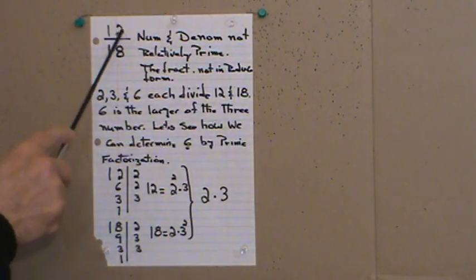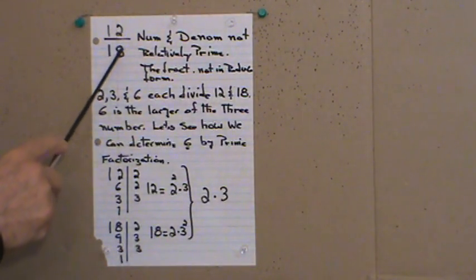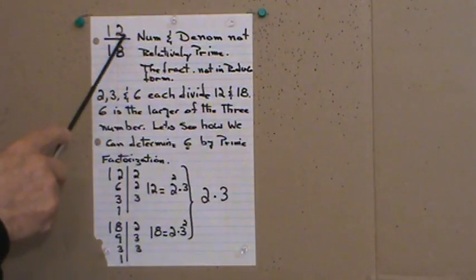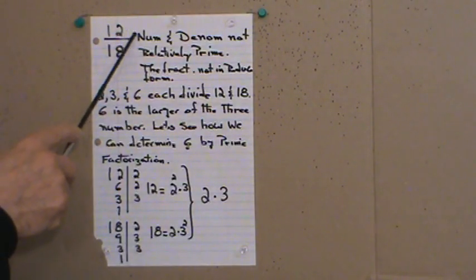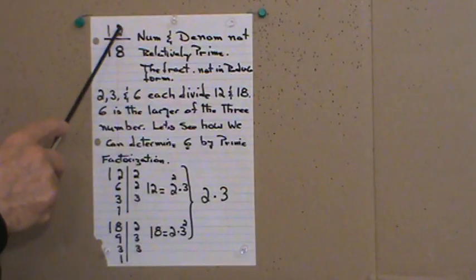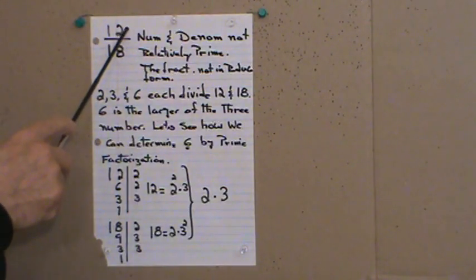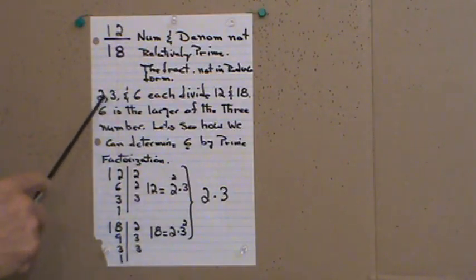Now, 12 over 18, as we already know, they are not relatively prime. Both of them are divisible by 2, by what else? By 3, by what else? 6. Is that right?